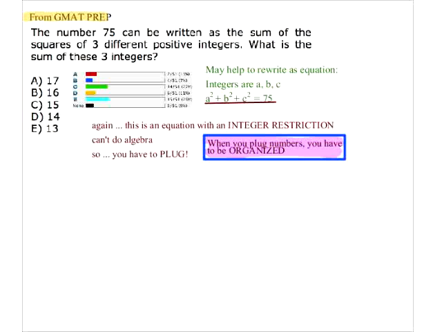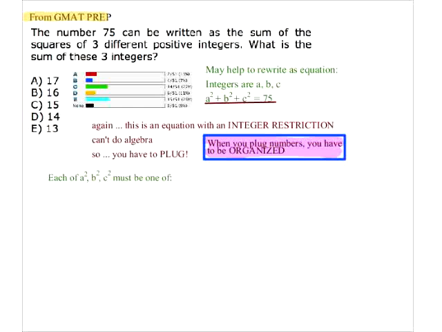Each of these squares, these are all perfect squares. So each of the a squared and b squared and c squared must be one of the list of perfect squares. So there's your exponents.